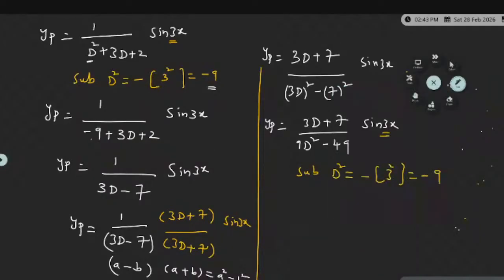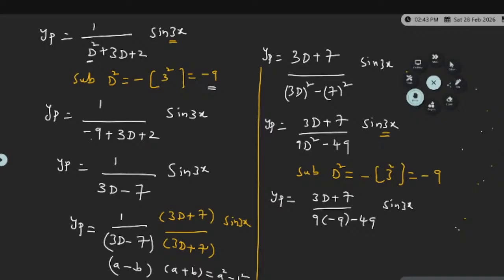Of course, earlier I wrote this step, but unfortunately it was erased because of the power cut. Now, yp equal to 3d plus 7. Now you tell me, from here onwards you must be attentive. Tell me. Minus into sin 3x.